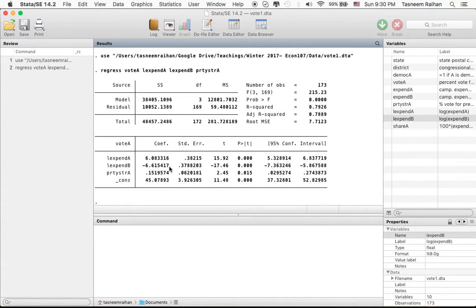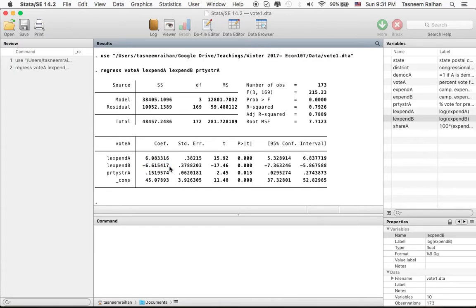So what we see here is that there is a positive impact of expenditures by candidate A on the percentage of vote received by candidate A, since this coefficient is positive. And there is also a negative effect of the expenditures by candidate B on the percentage of vote received by candidate A, because we have a negative coefficient here.